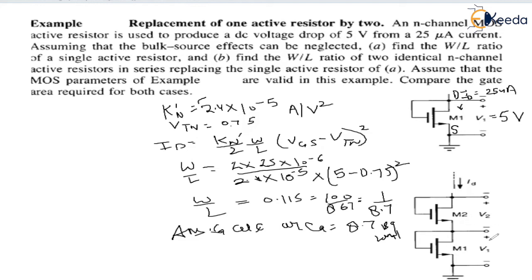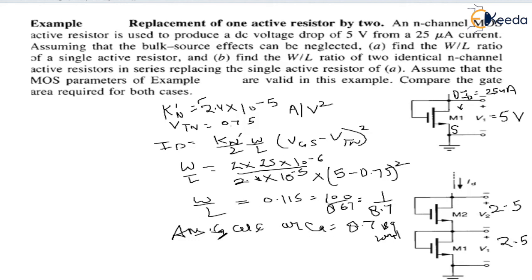Since both are in series, they will produce a voltage drop of 2.5 each. So V1 is 2.5 and V2 is 2.5.